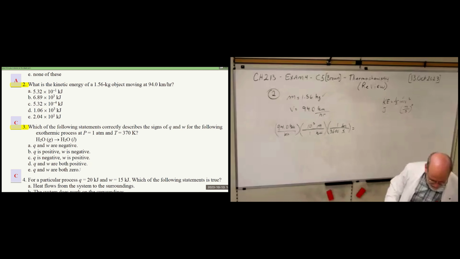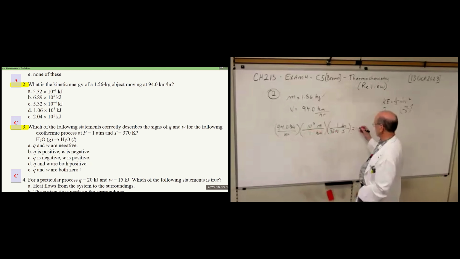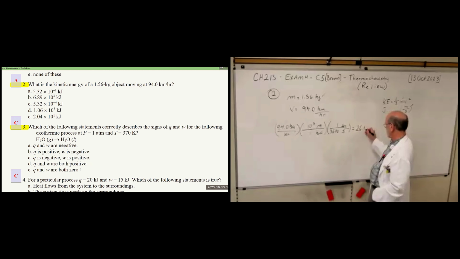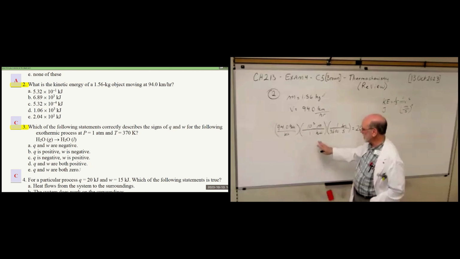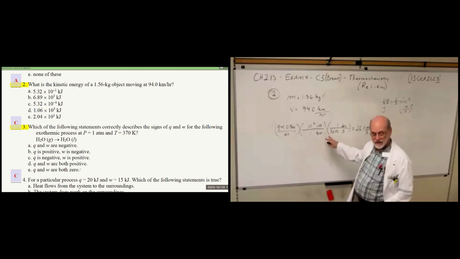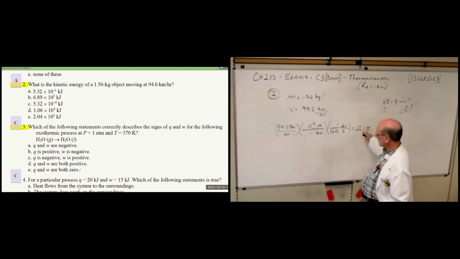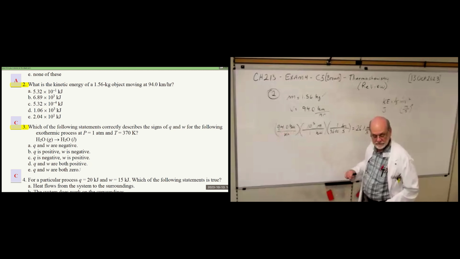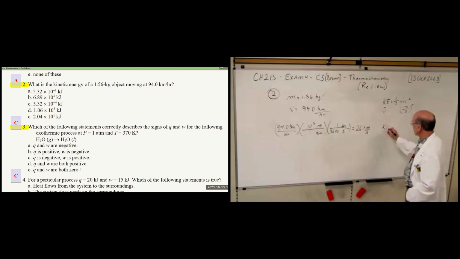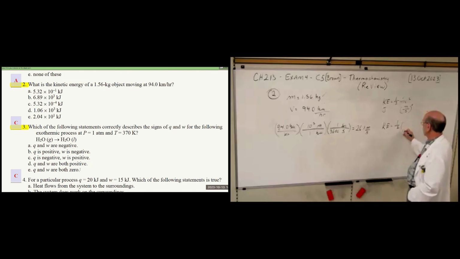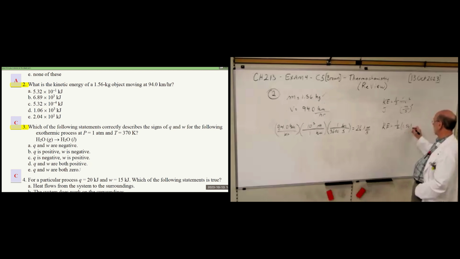So I get 26.1. Let's see, 3 significant figures. Meters per second. And remember, this is a conversion factor. Those are exact numbers. The only one that determines the significant figures here is this one, 26.4. So now we've got kinetic energy equals 1/2 times 1.56 kilograms times 26.1 meters per second squared.